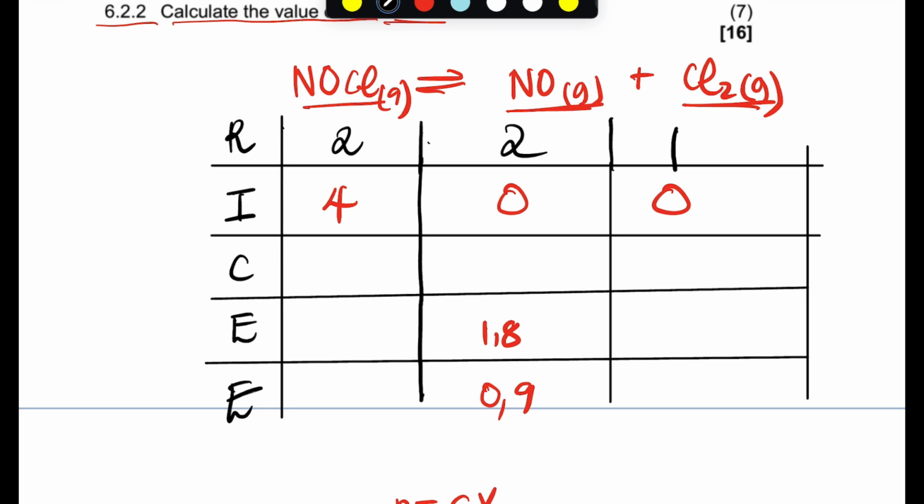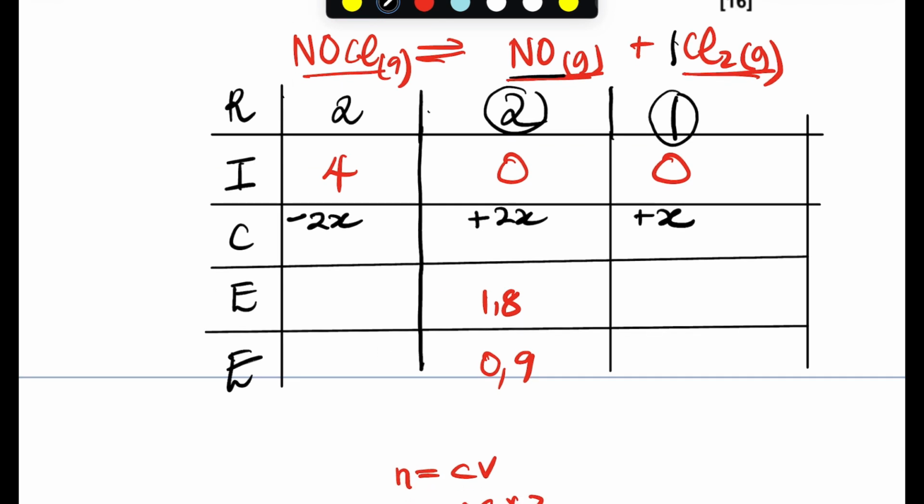This is 2 mole of nitrosyl chloride, so it's going to be negative 2x. And then this is 2 mole of nitrogen oxide, it's going to be positive 2x. Why? It's a product. And this one is 1 mole of chlorine gas, it's going to be plus x, right?